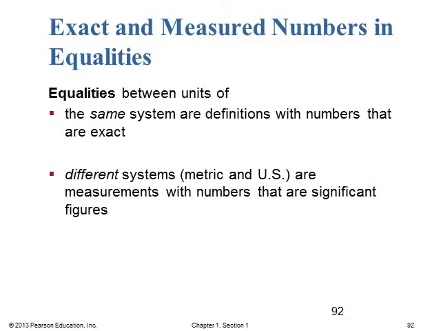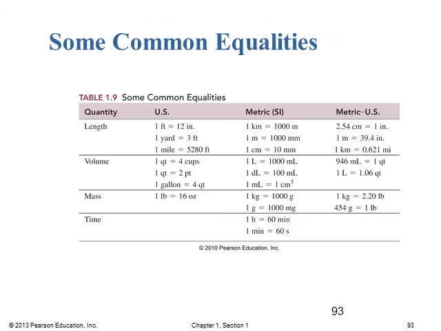So they are going to have a certain number of significant figures within those equalities. So incorporate that in your calculations and your determination of your significant figures in your final answers.